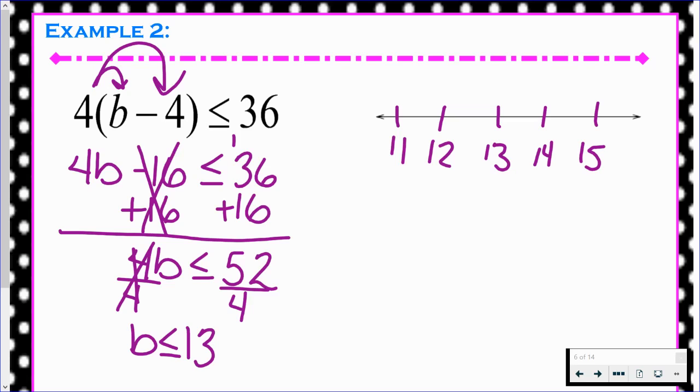It's less than or equal to, which is always a closed circle on 13. And since it's less than, I shade the numbers that are less than. I include the arrow too because not just 12 and 11 are solutions, it goes on and on and on.